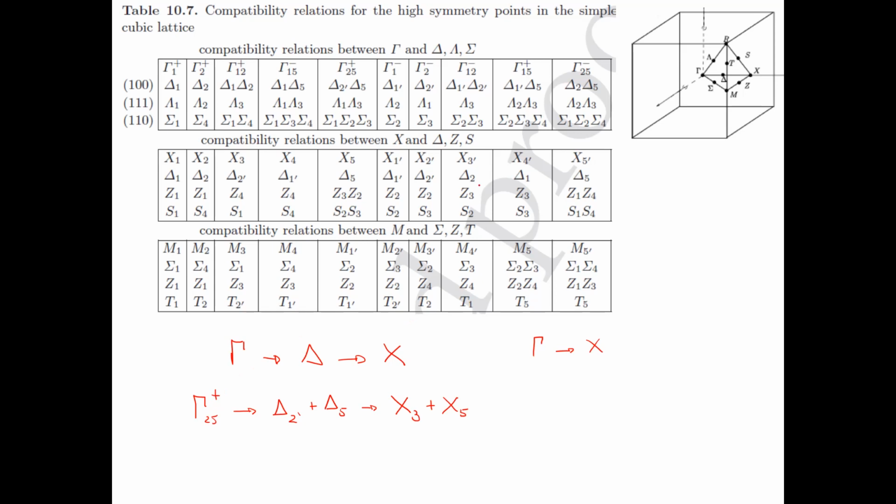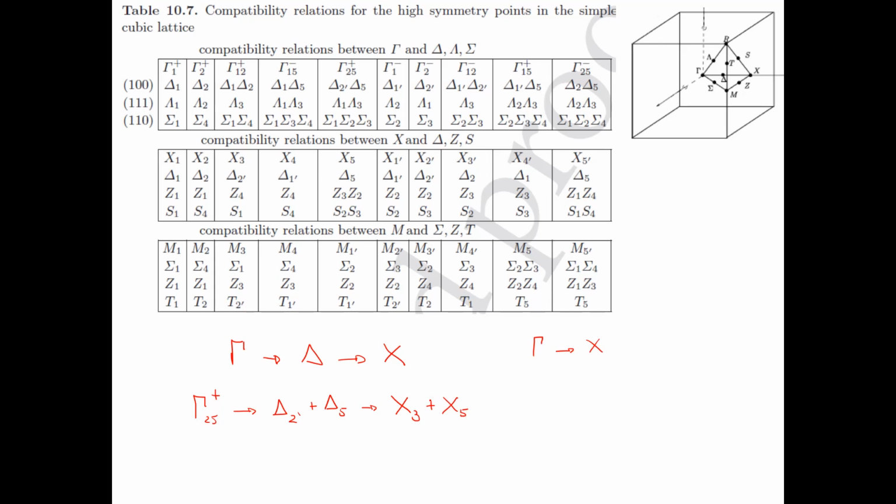And if you look at the character tables for the X point, you see that X5 is even and X5 prime is odd under inversion.